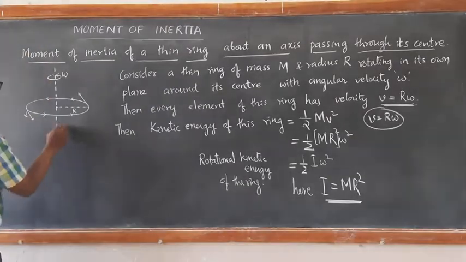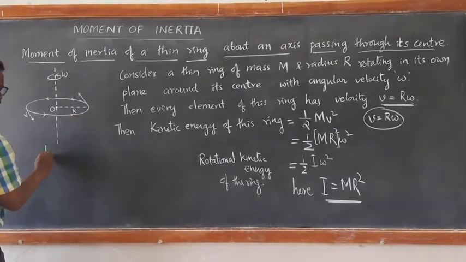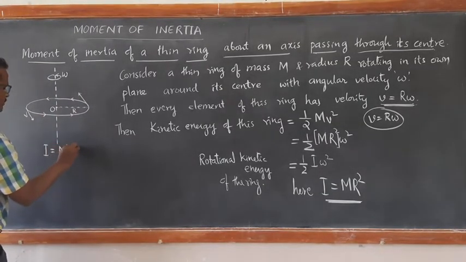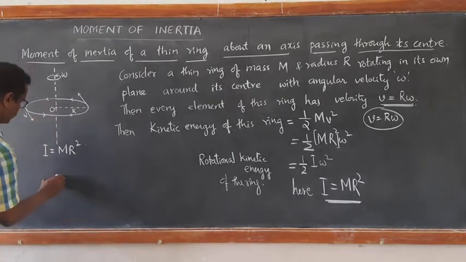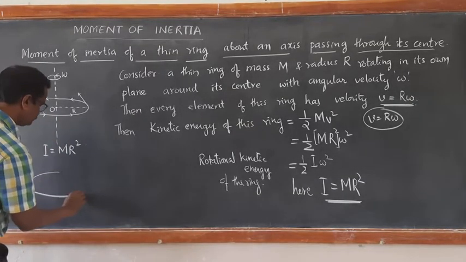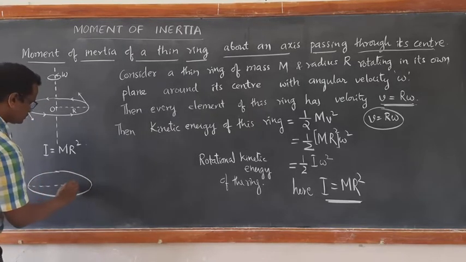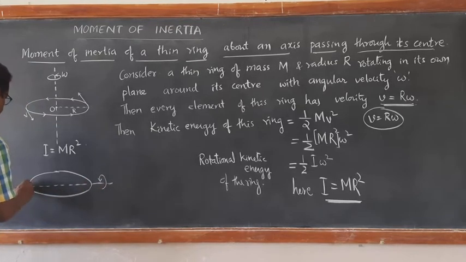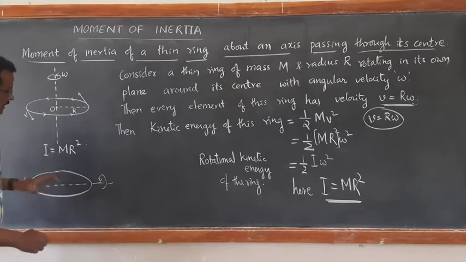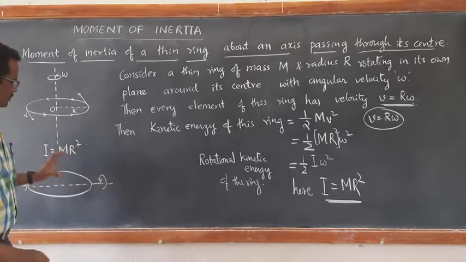Therefore, when the axis is passing through the center O, the moment of inertia is given by M r square. But when the same ring is rotated about its diameter, the moment of inertia value changes. Now it is not rotating about the center, it is rotating about the diameter.